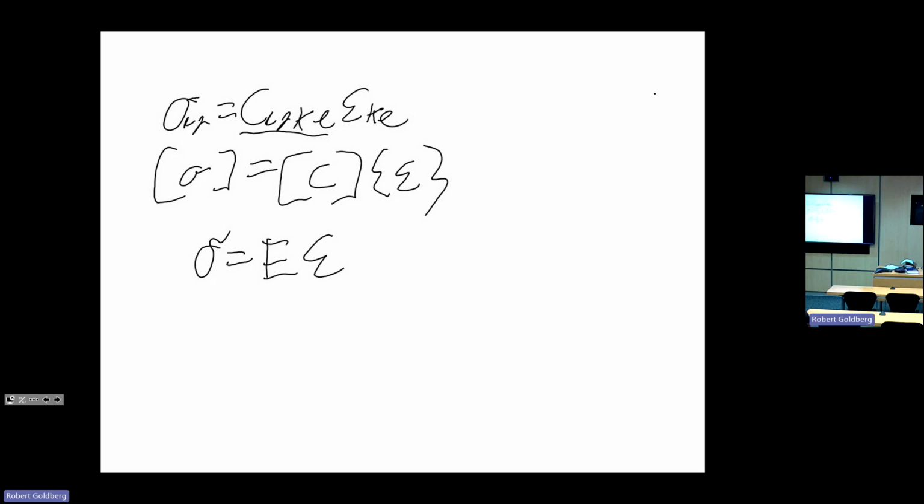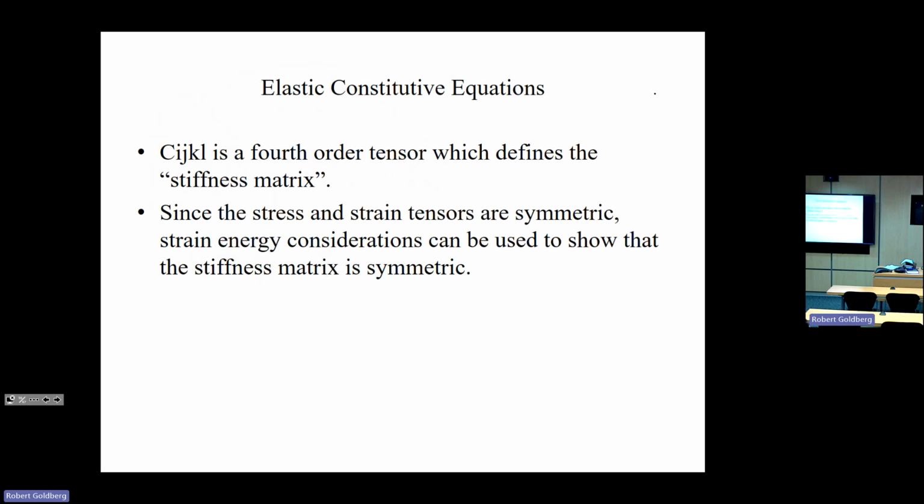Now, this is all written this way because officially the stress is a two-dimensional tensor and the strain is a two-dimensional tensor, which means that the stiffness matrix in the strictest definition of mechanics is a fourth order tensor, but we just don't deal with things that way.